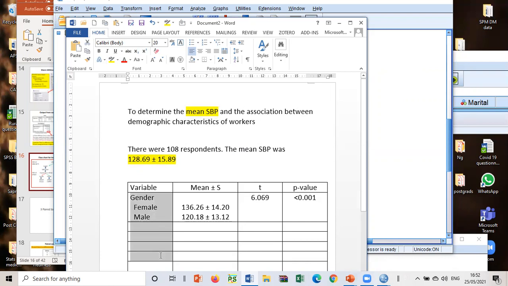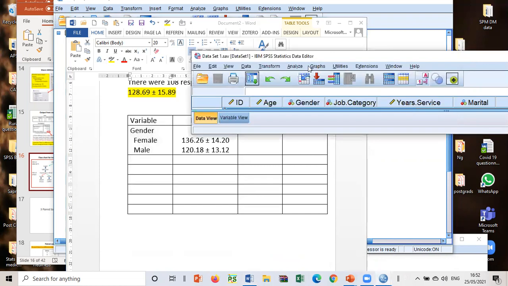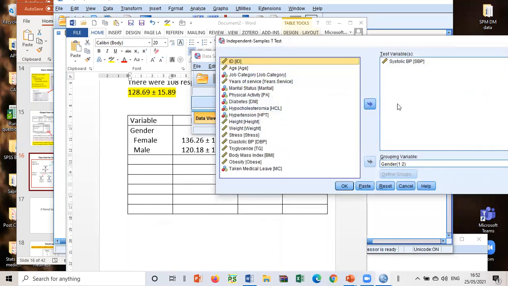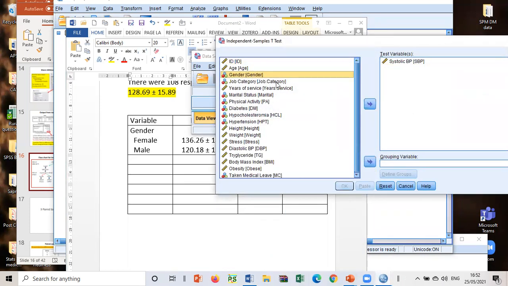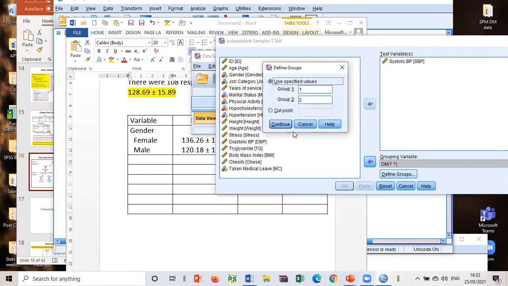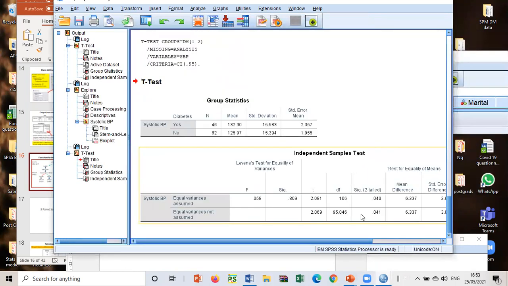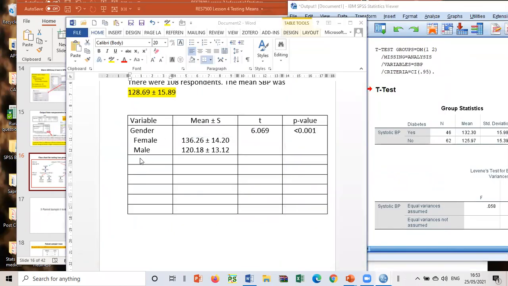Next, association between demographic characteristics. So these are demographic characteristics. You're going to put all the values. Okay, next, let's say we change gender with diabetes. Okay, diabetes. DM.